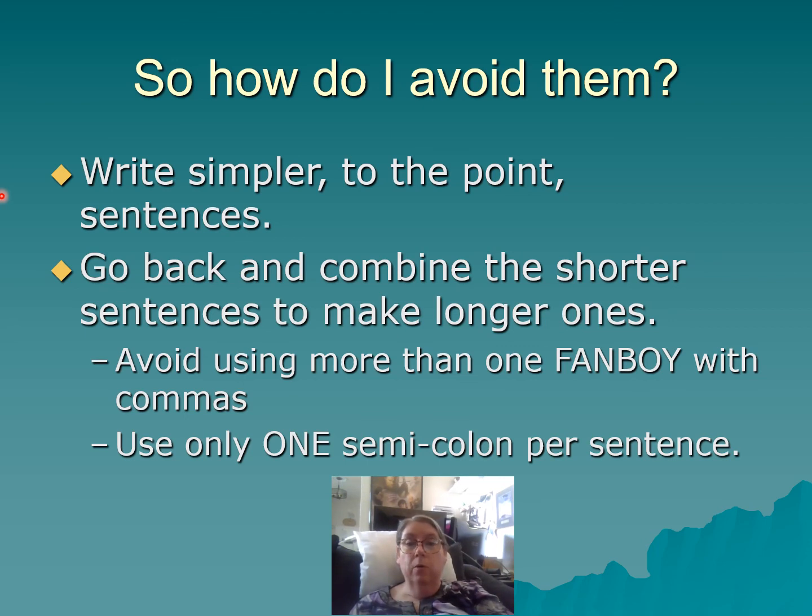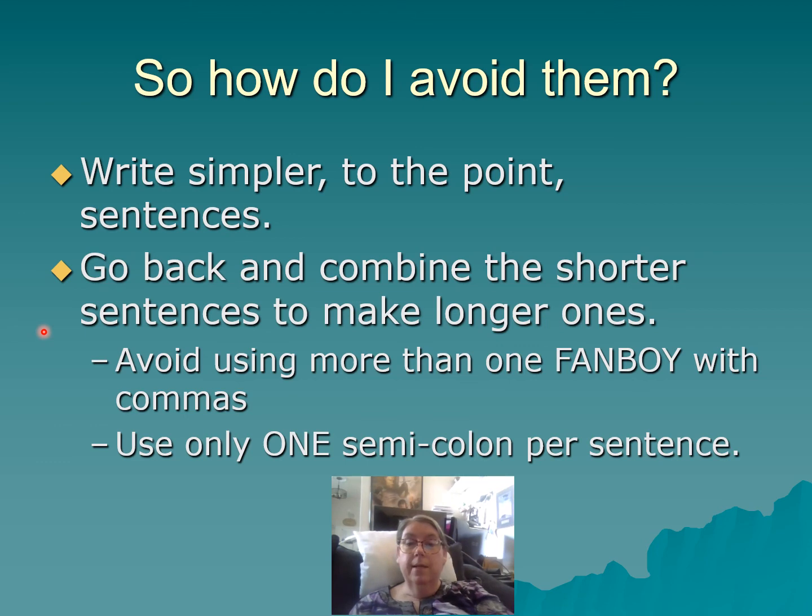So how do I avoid these mistakes? First of all, write simpler to the point sentences. That will keep you from creating run-ons or comma splices. And again, make sure they're to the point in order to avoid fragments. And then go back and combine the shorter sentences and make longer ones.